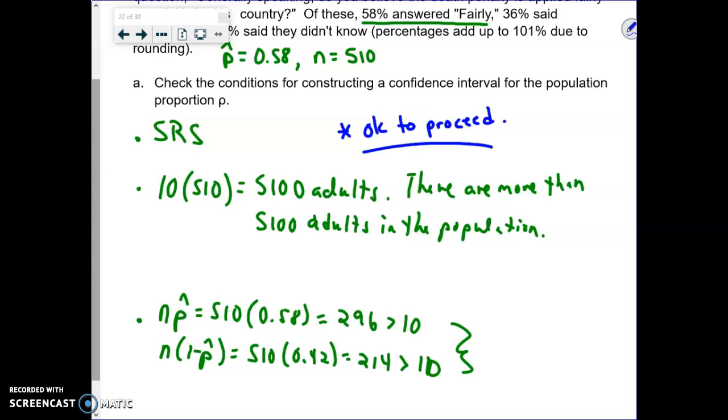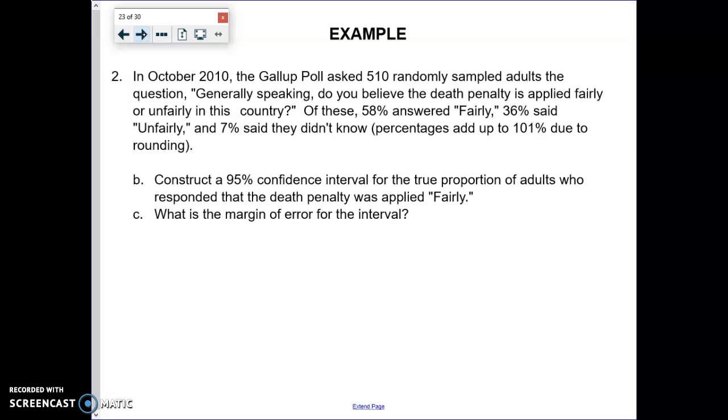All right, so let's go to part B then. Let's construct a 95% confidence interval for the true proportion of adults who responded that the death penalty was applied fairly.